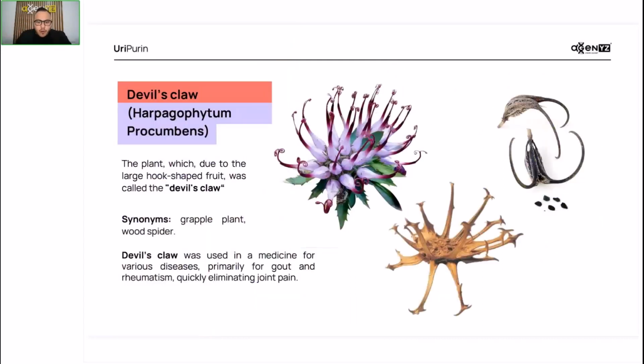Devil's claw, or Harpagophytum procumbens in Latin, has a large hook-shaped fruit, also known in the literature as grapple plant or wood spider. Historically, devil's claw was used in medicine for various diseases, primarily for gout and rheumatism, and for quickly eliminating joint pain.